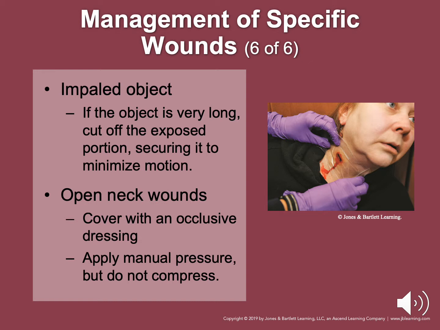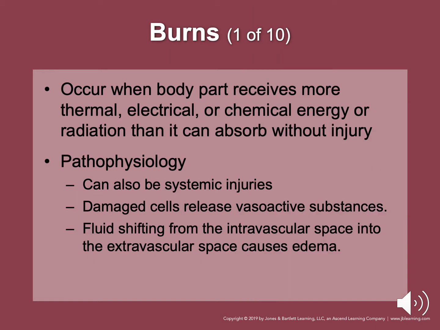Burns occur when the body or a body part receives more thermal, electrical, or chemical energy, or is exposed to more radiation than it can absorb without injury. So it can also cause systemic injuries. Damaged cells release vasoactive substances, creating an inflammatory response and increasing capillary permeability.